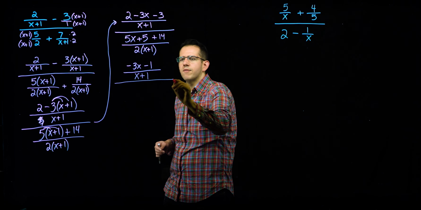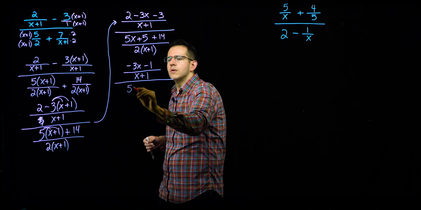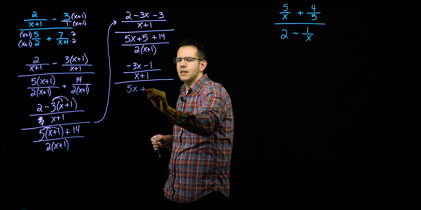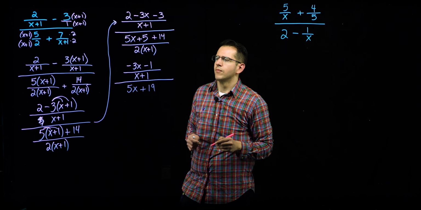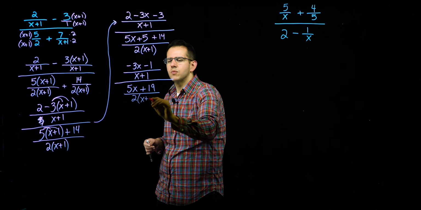And then for the fraction in our denominator, we have 5x plus 19 over 2 times x plus 1.